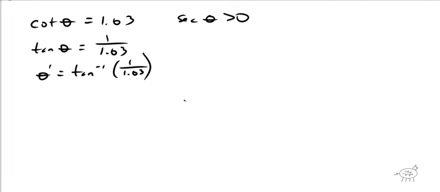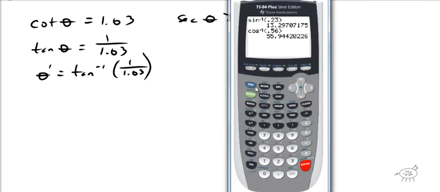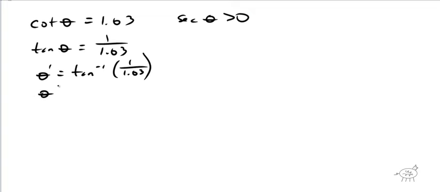So let's do that. Inverse tangent of 1 divided by 1.63. Hit enter, and we get 31.5 degrees. So theta prime equals 31.5 degrees.